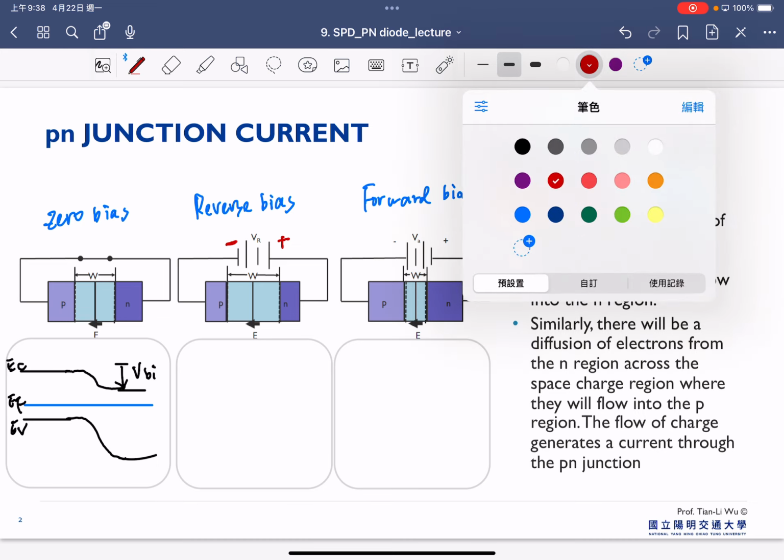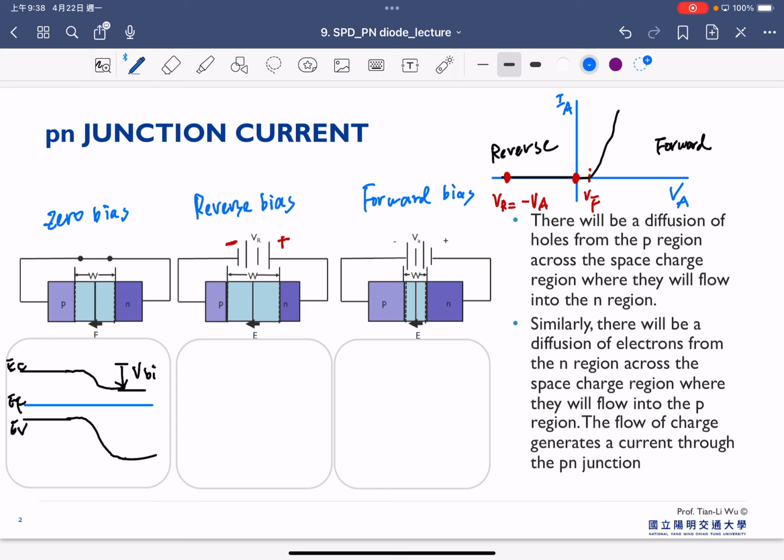Under this case, we start to have a Fermi level difference between the P region and the N region. In the P region we have the Fermi energy here, and in the N region we have the Fermi energy here. That's our EFP, and this is our EFN.